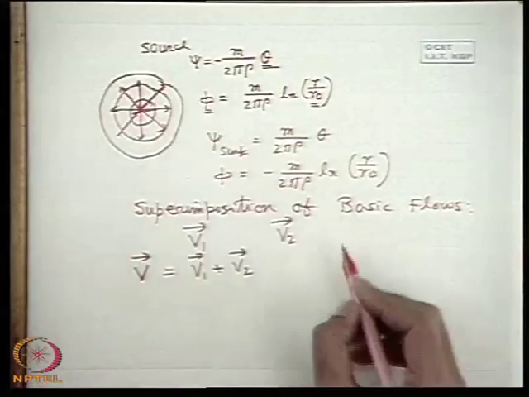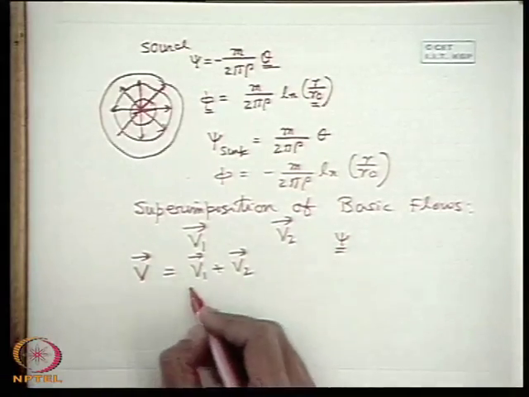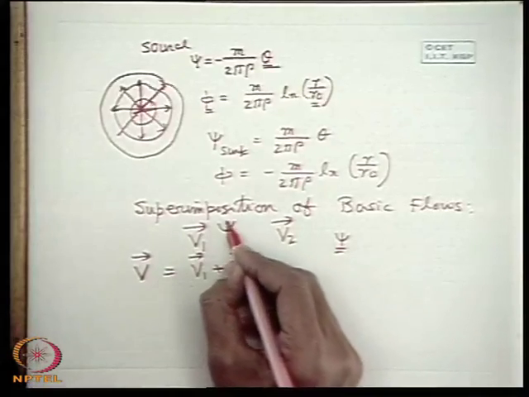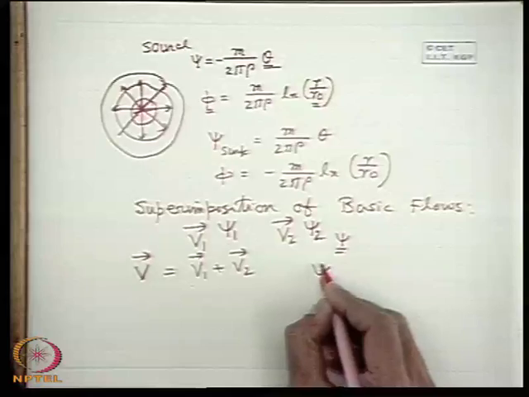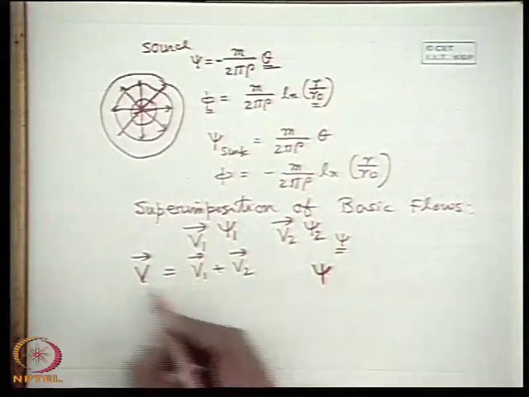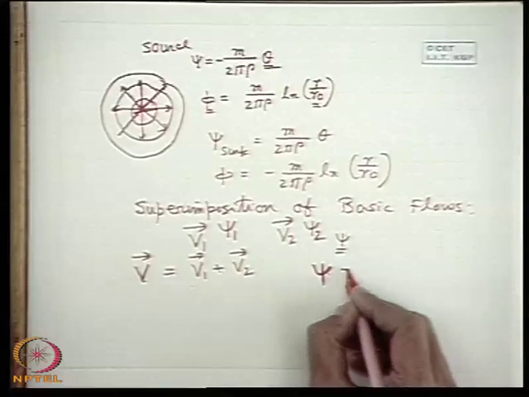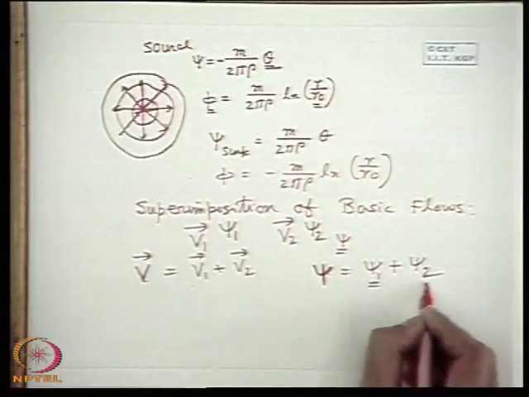Since psi is a linear function of the velocity vector, if psi1 represents the stream function for one flow and psi2 for another flow, then the stream function of the resulting flow will be the sum of the stream functions of the two flows.